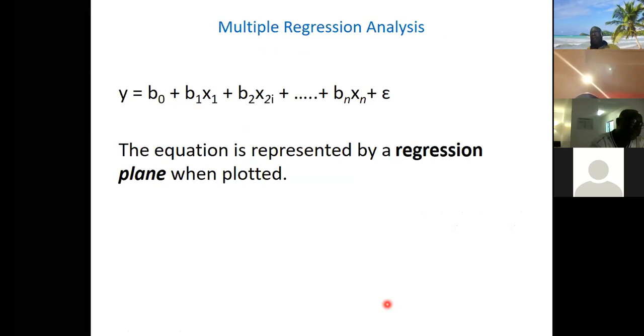So now, before we run that one again, we do multiple regression. Let's quickly talk about this multiple regression. Multiple is when you have more than one variable involved, more than one predictor.